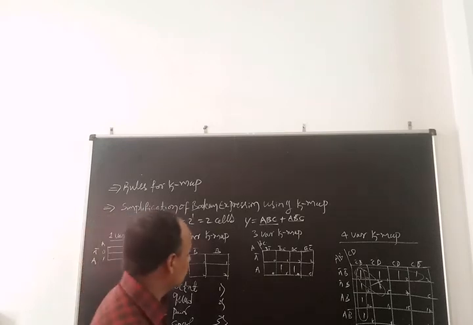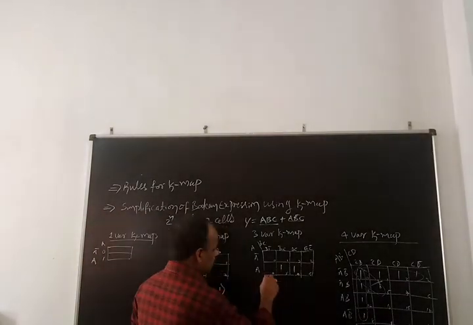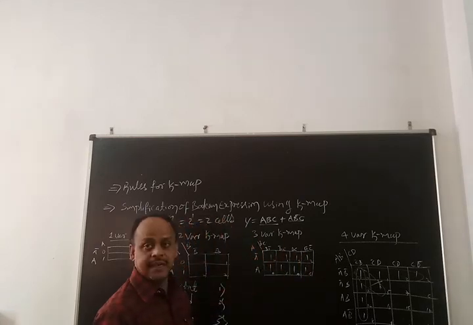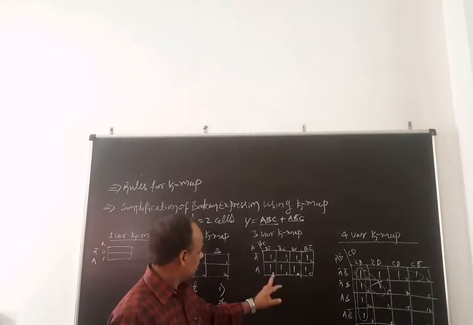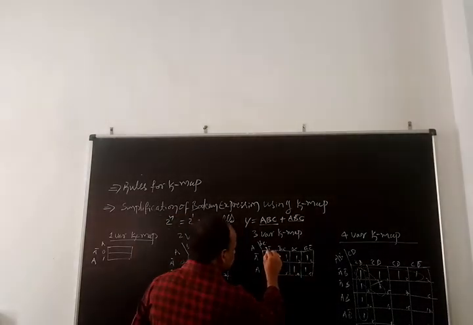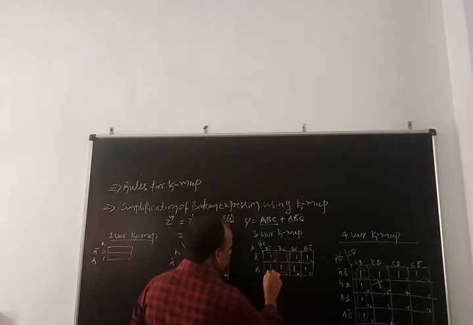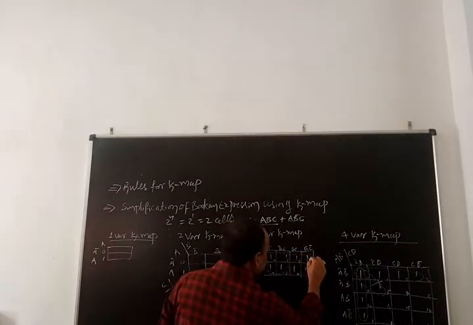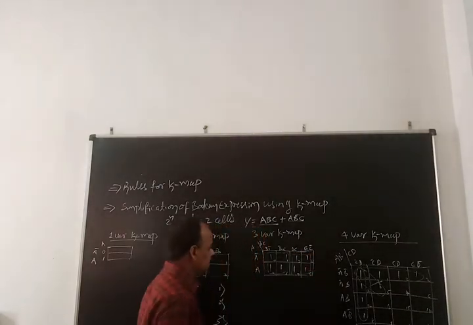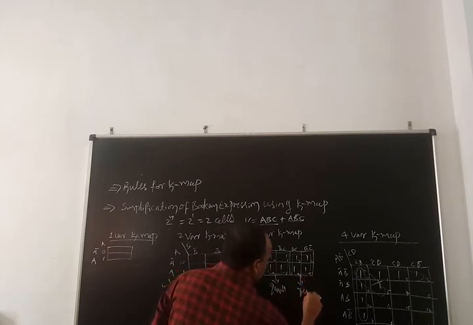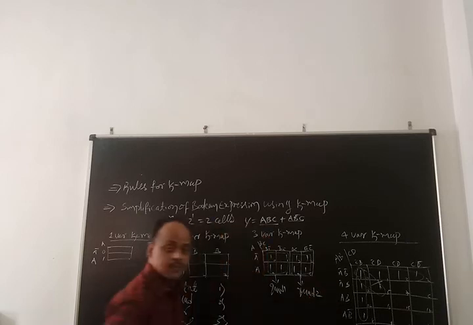For example, see here, suppose 8 ones are there like this. 3 variables means 8 cells, and 8 cells contain 8 ones. Suppose we consider this group of 4 ones as well as the second group of 4 ones: this is quad 1, this is quad 2.